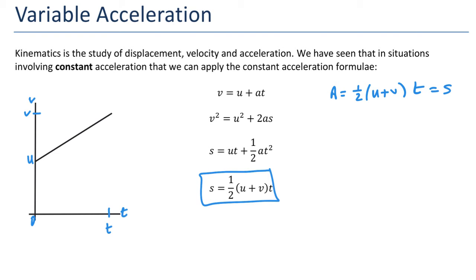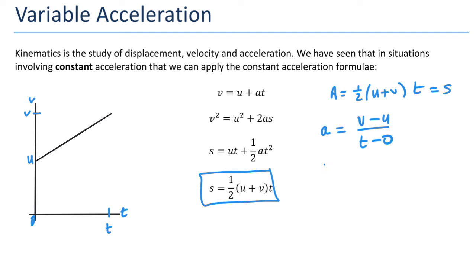If we were to work out the gradient of the line, and the gradient of a velocity time graph of a straight line is the rise over the run, and the gradient works out to be acceleration, then we get a equals (v minus u) over (t minus 0), considering this as a point (t, v) and this as a point (0, u).